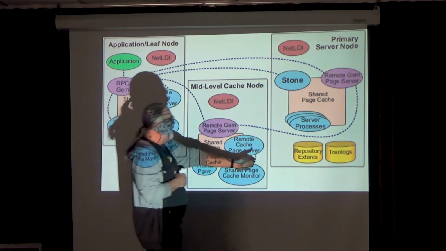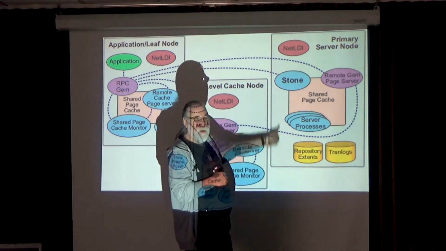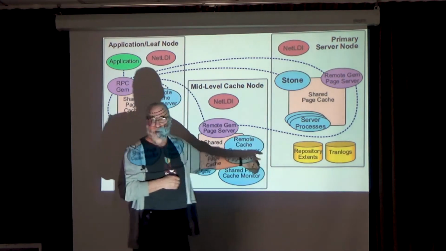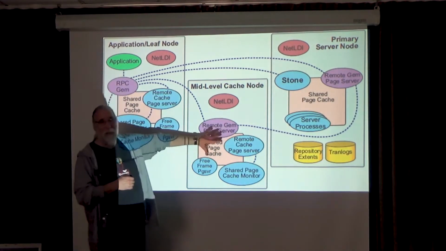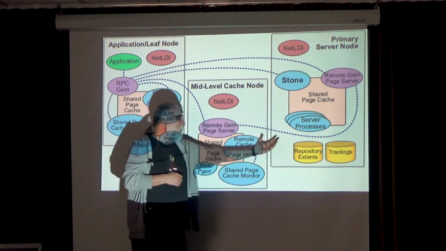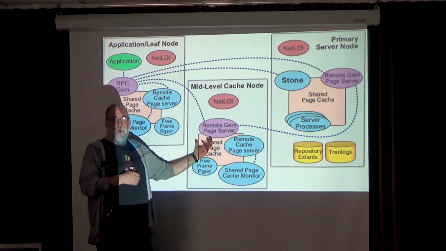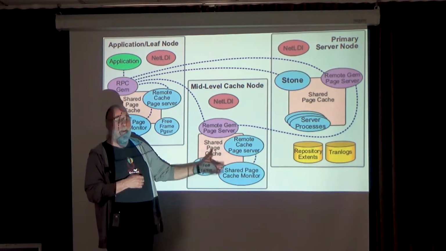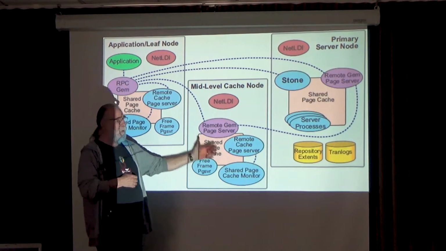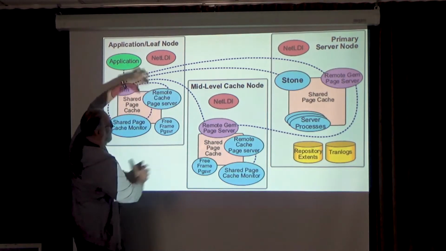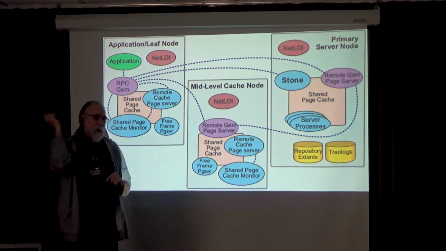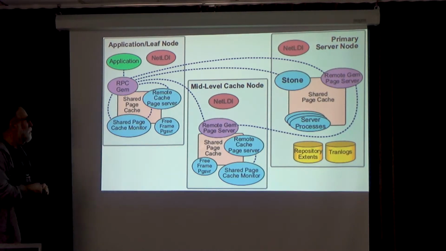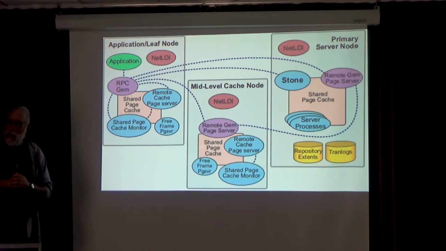All right, so if this is a cable going underneath the ocean from Europe to North America, we have the ability to have a mid-level cache where you can pull the working set across the slow link, keep that large working set in a mid-level cache, and then have multiple application nodes use this as their source rather than going back and forth across the slow cable. So this is pretty much what I wanted to say about Gemstone.